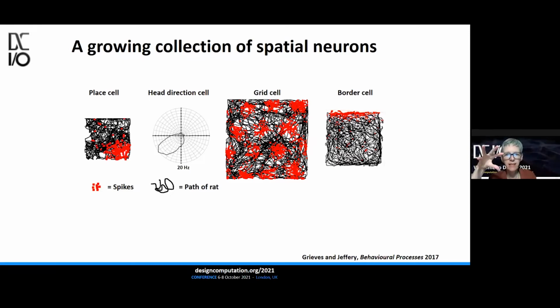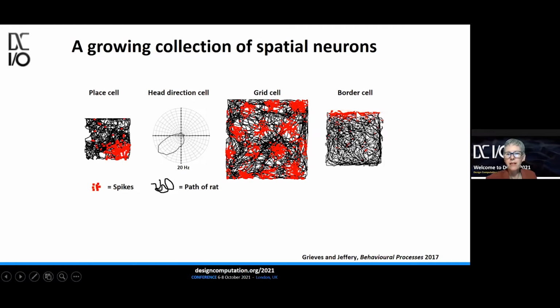So these cells maintain a coherent representation of direction. We think this is a compass, but it's a local compass. Every time you go into a new space, your compass system sets its orientation and then remembers that orientation by learning about the landmarks that can be seen from within that space. So it's been a really good model system for studying not just spatial processing, but also memory. This system is also very involved with memory.